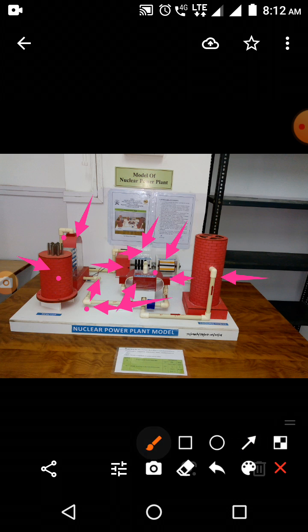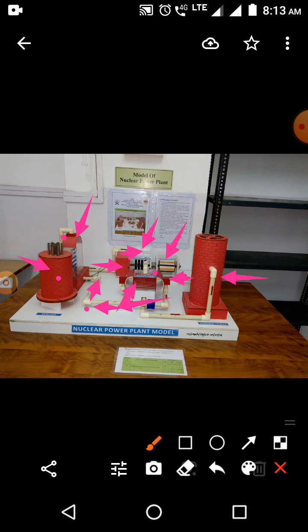Here the cooling tower is also used. The cooling tower is used to reduce the temperature of water. The cold water coming from the cooling tower goes to the condenser, and when it absorbs the heat of the steam, its temperature increases.